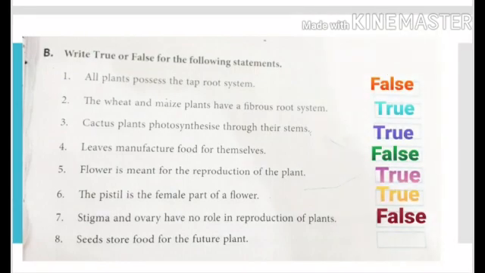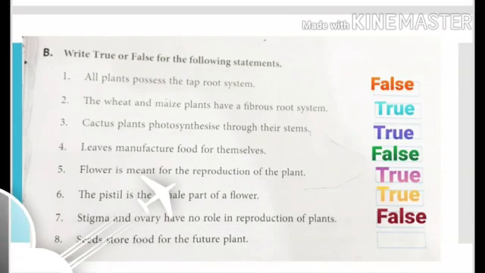Statement is false because stigma is the part which holds the pollen grains so that they can germinate a pollen tube to transfer the pollen grains up to ovary, and ovary is the main part of the flower. Why? Because this is the part of the flower that converts into a fruit having seeds inside it.